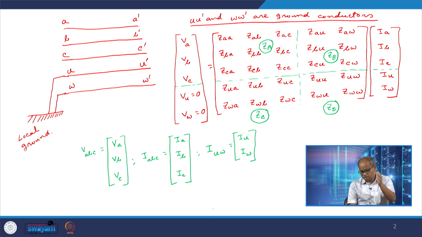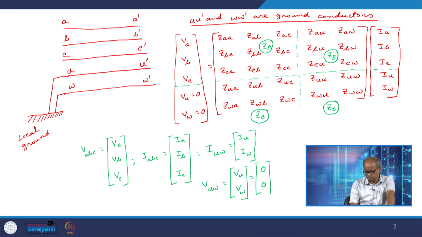We also define the VUW vector, equal to VU, VW, but all these are 0. So it is 0, 0. I call it a big 0 vector.